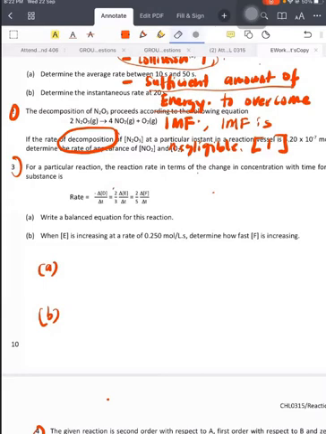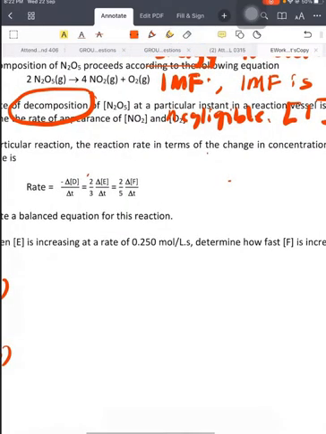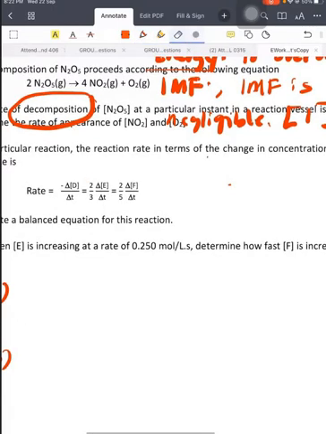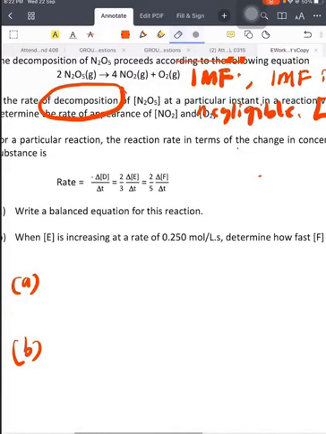Okay, so given in this question only one has a negative sign. That means we only have one reactant. So we write D, not A, D.